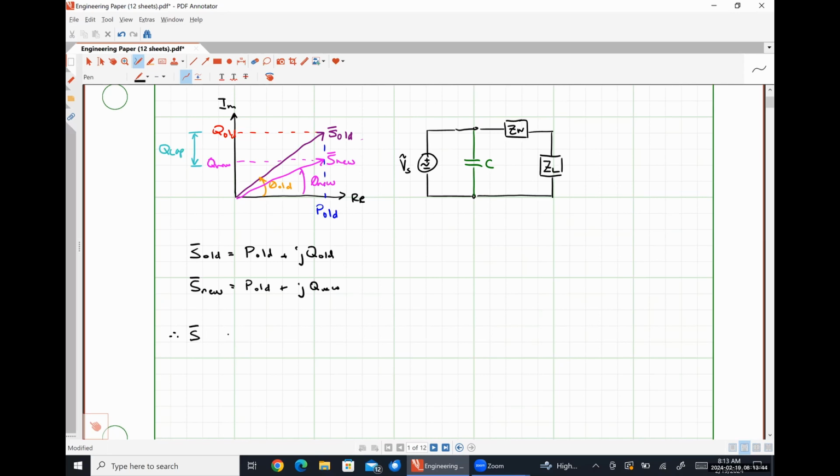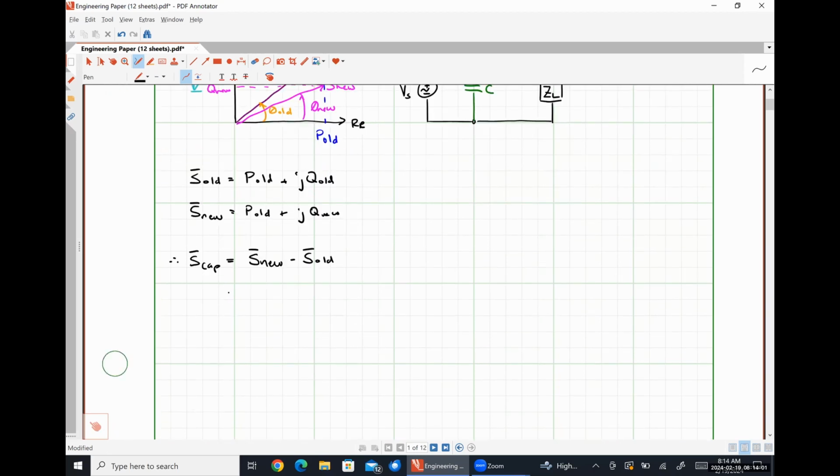the complex power that our capacitor needs to provide is S new minus S old, which will come out to be P old plus jQ new minus P old plus jQ old.